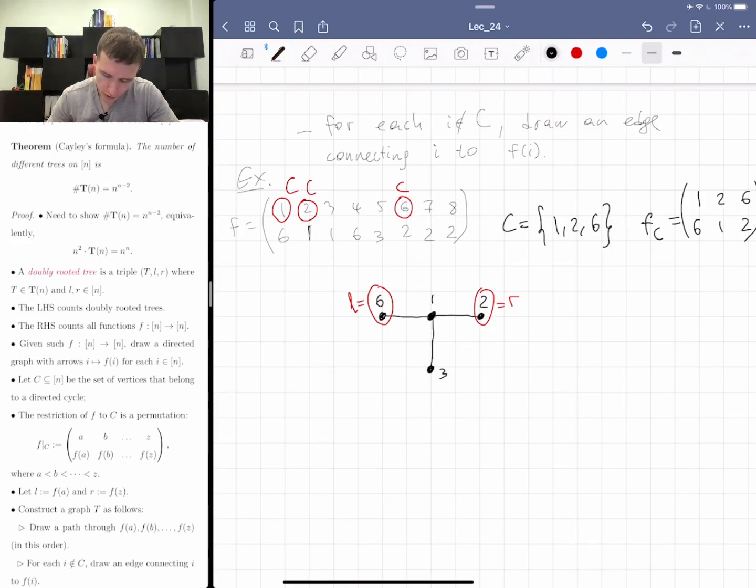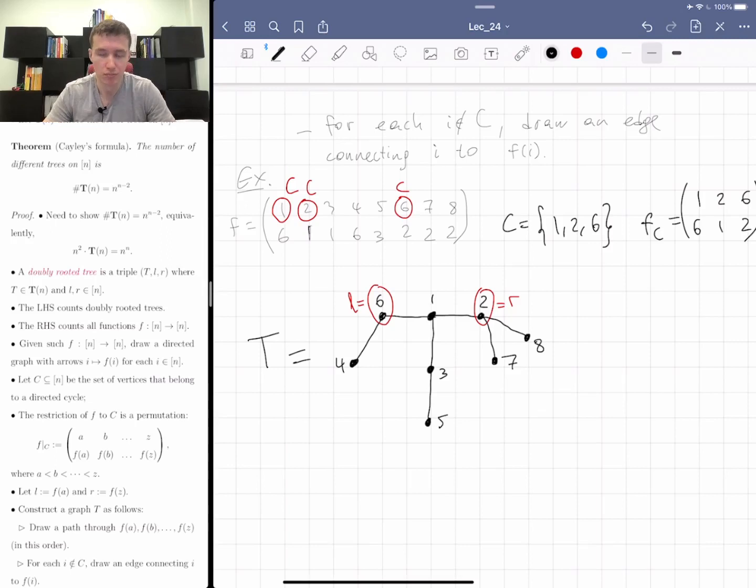And 4 should be connected to 6. And 5 should be connected to 3. And 7 should be connected to 2. And 8 should also be connected to 2. And I get a tree. So T is this tree here.